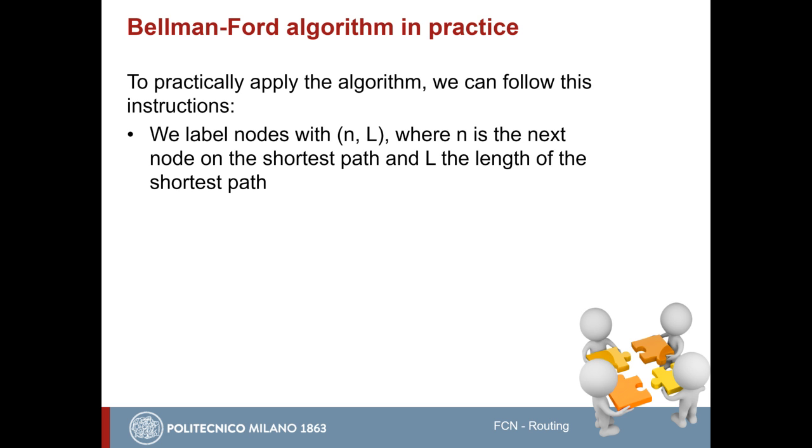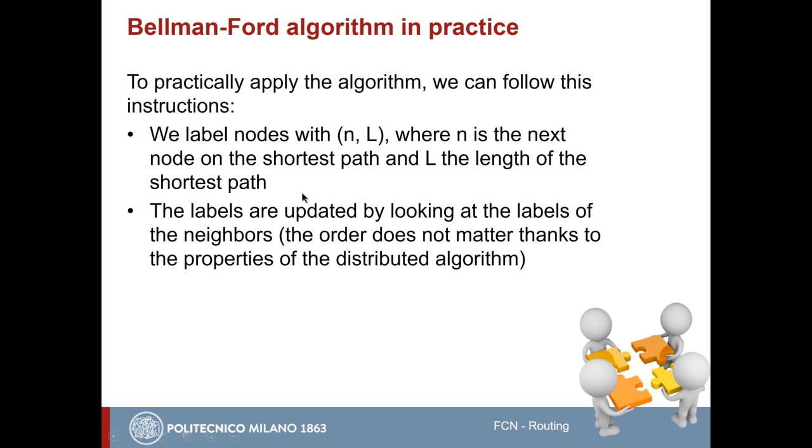We can label all the nodes with two labels, two digits. Variable n is the next node on the shortest path, and variable L is the length of the shortest path. In this case, we refer to a specific source for all the nodes, so a single source.